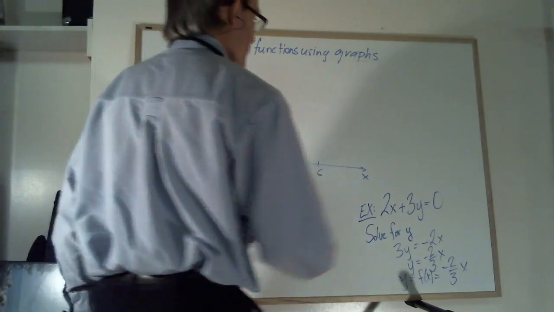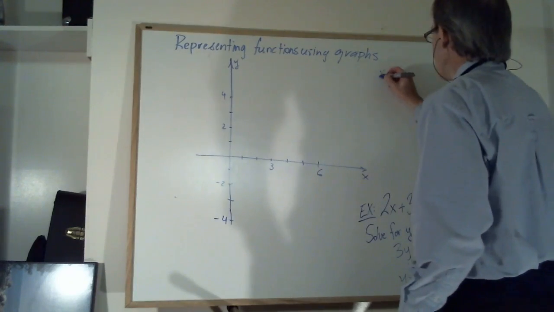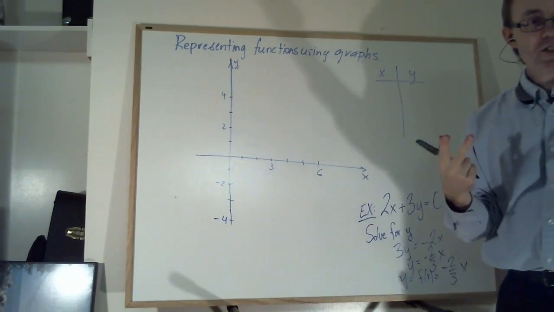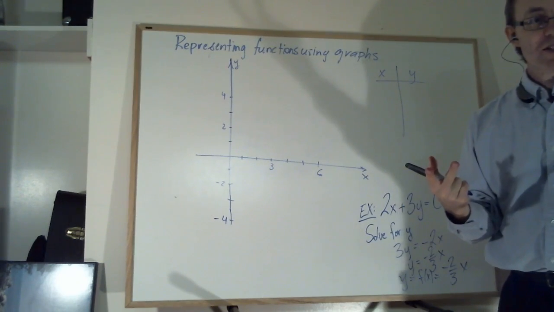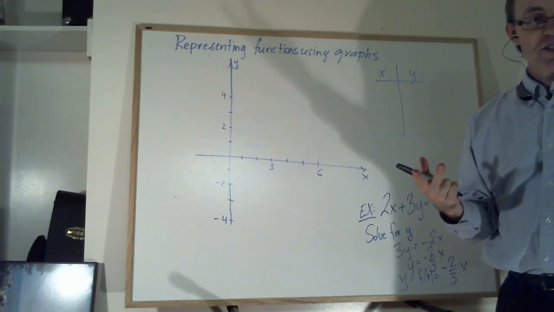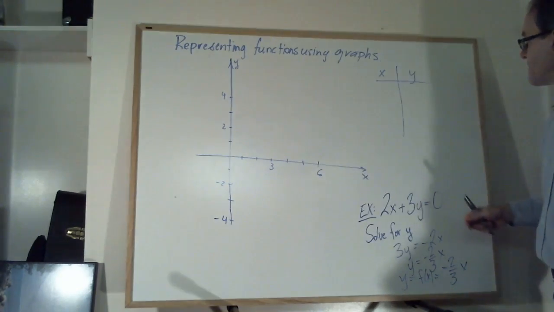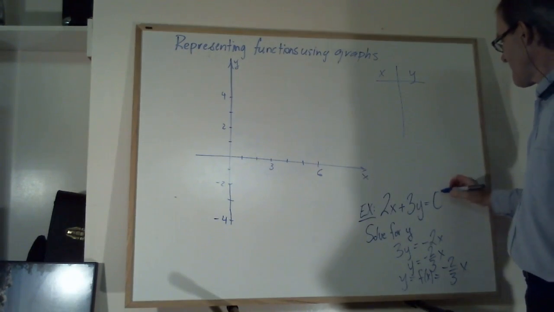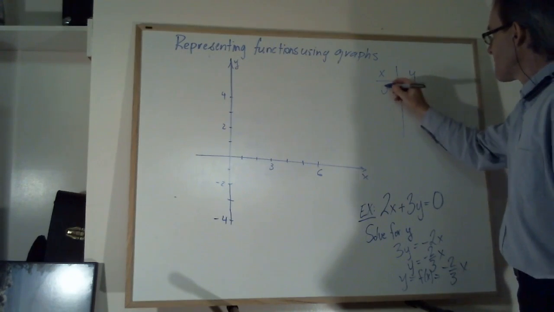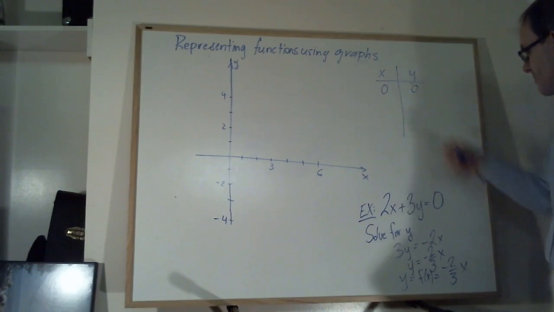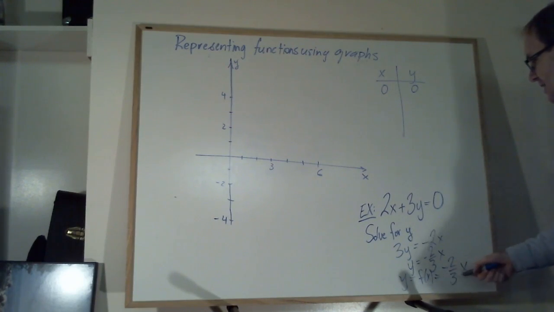All right, so you can write it as a table of values. And really, for a linear function, you just need how many points to draw the graph? Just 2, yeah. I think that's what you said. So 0, 0 would be one. If you put in 0 here, you get 0 for y. Another easy number would be 3.